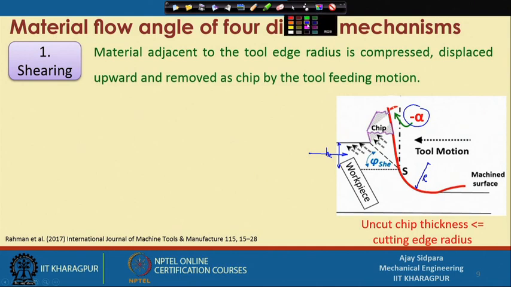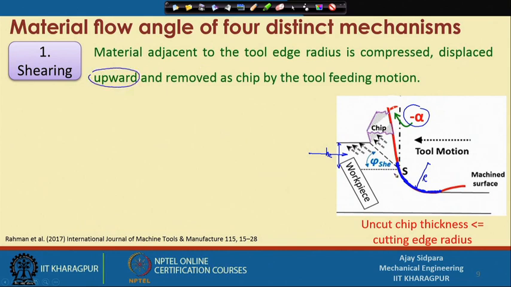Whatever this is here, the whole thing is the cutting edge radius, this one. So, material adjacent to the tool edge radius is compressed. So, when you are getting this, some of the material is compressed and displaced upward. So, this is the material.